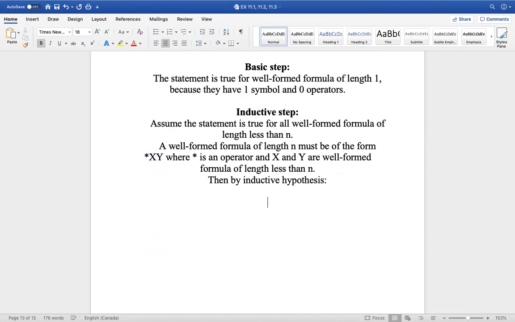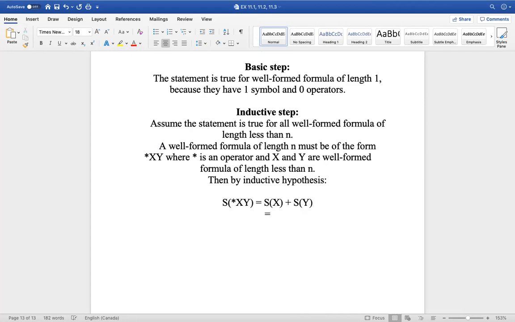So we say that S of multiply x y equals S(x) plus S(y).